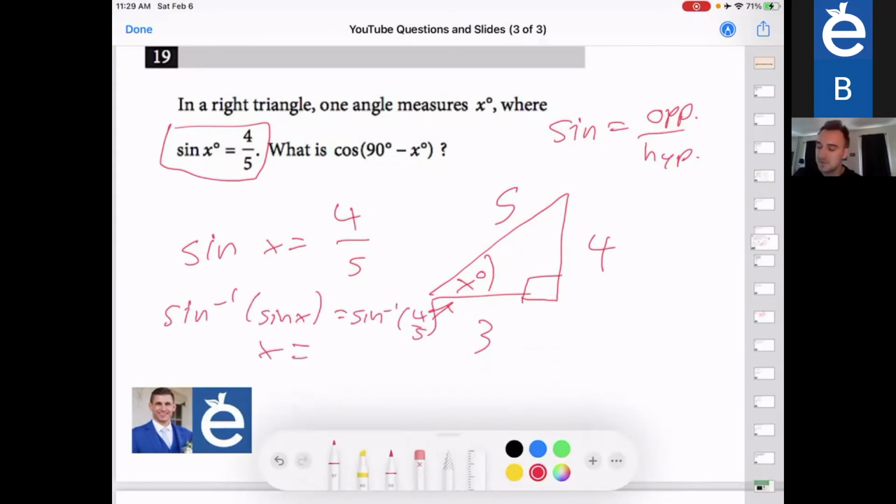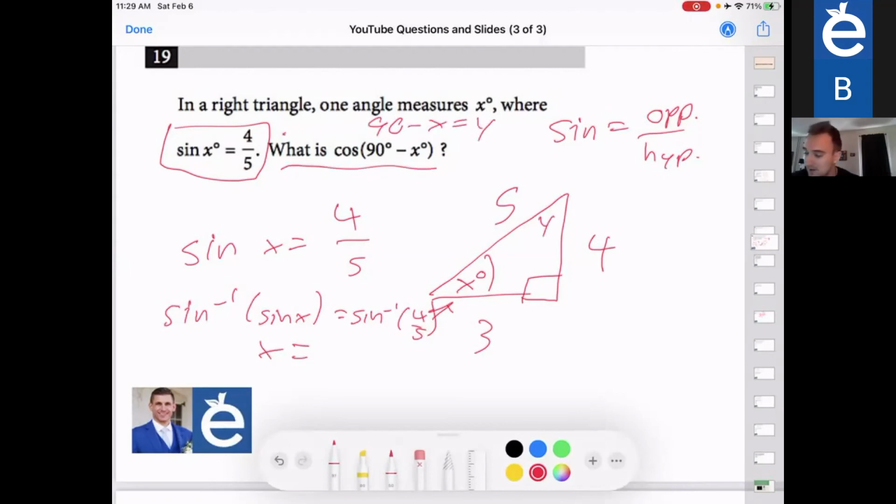But if I think about what this question is asking, what is cosine of 90 minus this angle x? Let's say 90 minus x is equal to y. That angle y is here. It's the other angle, right?